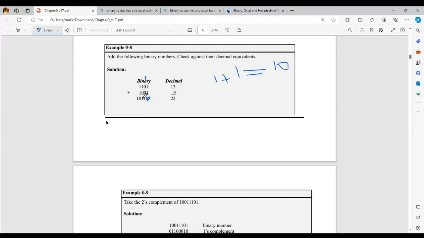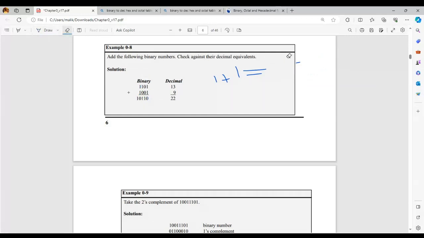Here 1 plus 0 is 1, so we write 1 here, and after that 1 plus 0 is 1, so 1 is written here. Here again 1 plus 1 is 2, which in binary is equivalent to 10. This is in decimal, and this is in binary. We write 10 here.